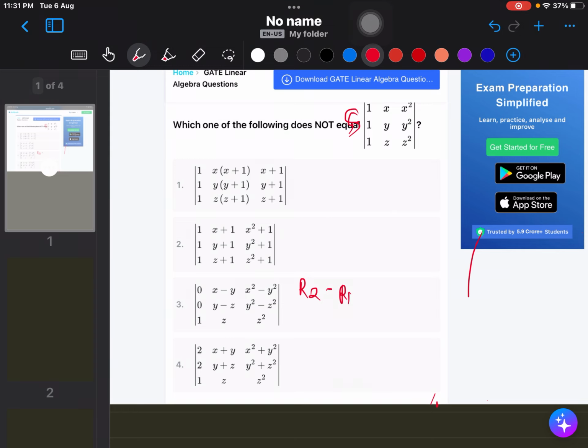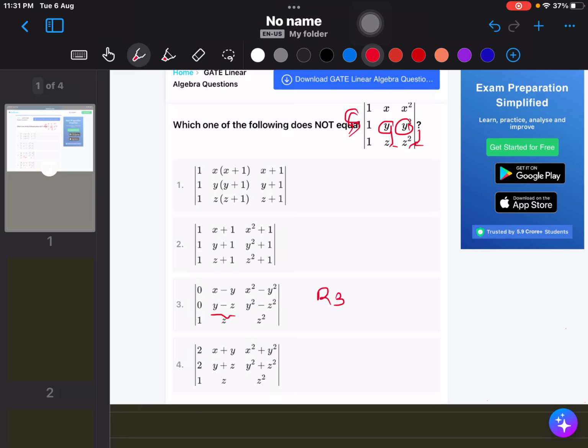So what we'll get here, if we subtract row 2 minus row 1, it will be 1 x square 0. Okay, wait, so we'll not subtract row 2 minus row 1. What we are getting here, y minus z, y minus z, and y square minus z square.